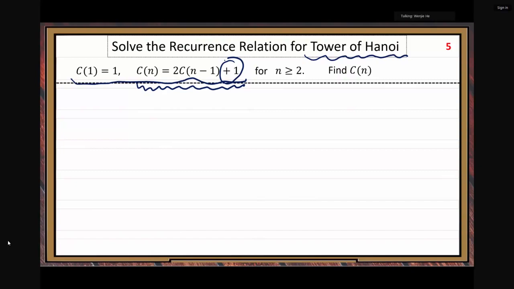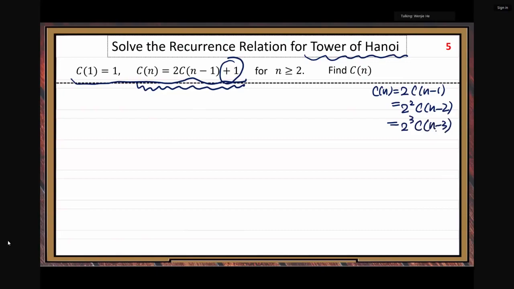All right, so here I want to show you a little bit. C of n equals 2 times C of n minus 1. The second time, 2 squared times C of n minus 2. Next time, 2 cubed times C of n minus 3, and so on.